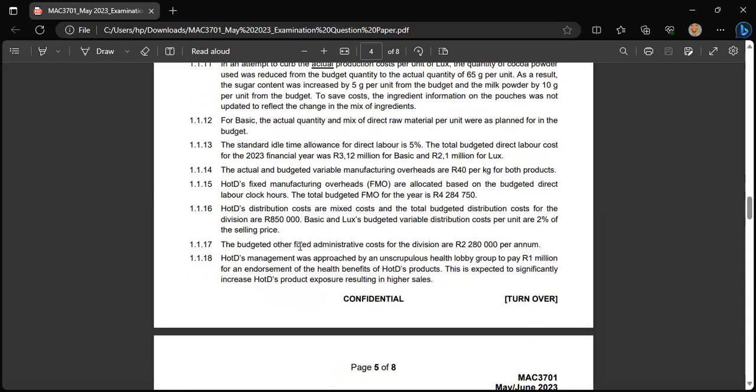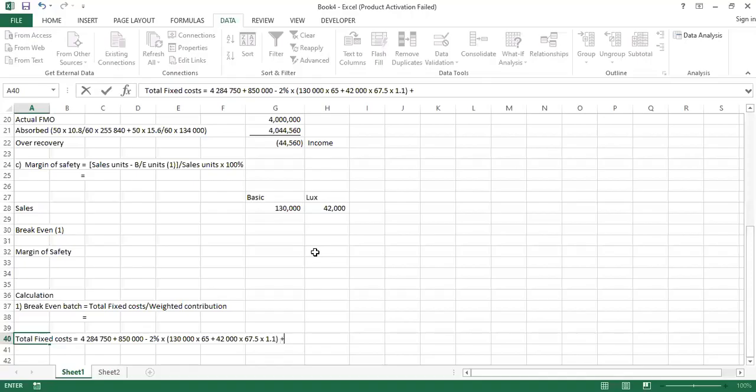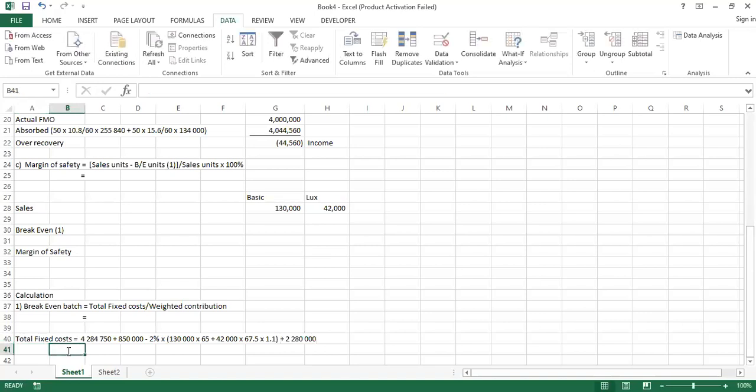Now we have the budgeted fixed manufacturing, sorry, budgeted fixed admin. So anything that is fixed, we are looking for that. So let's just take that and copy it there as it is.